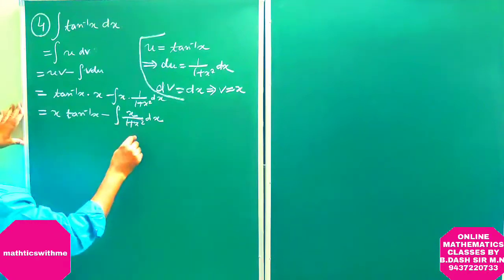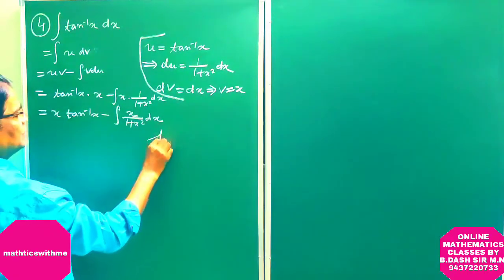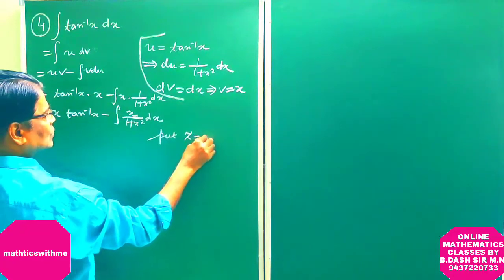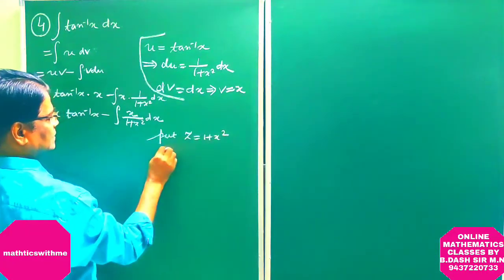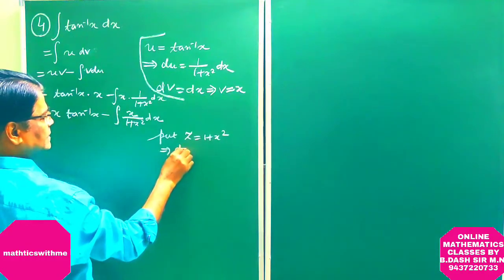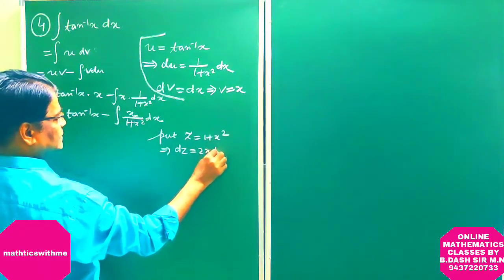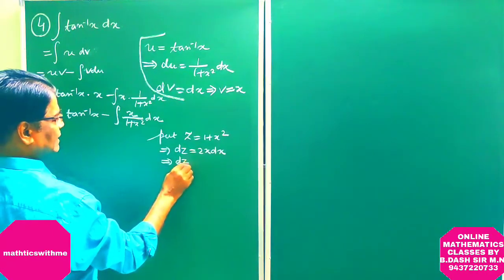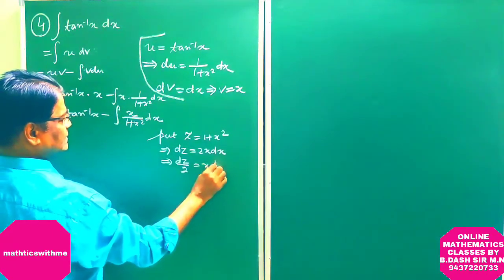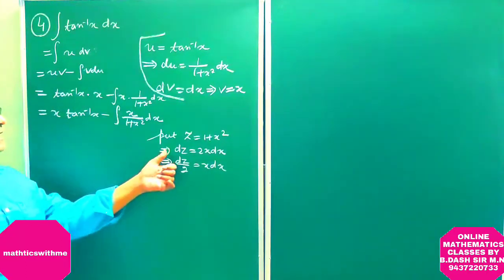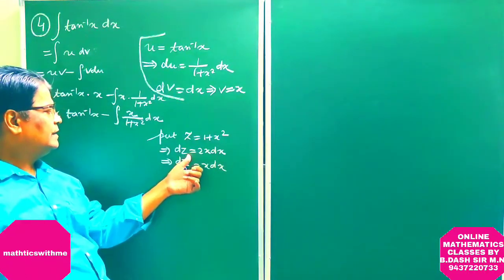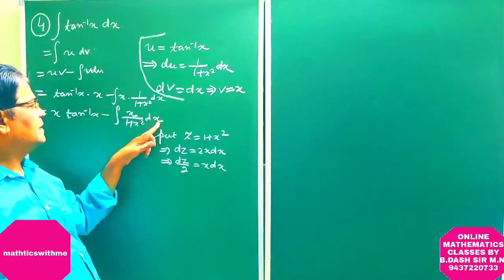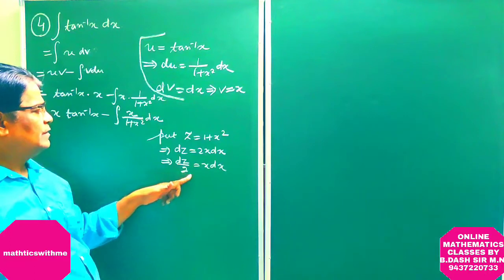In order to integrate this one, put z equal to 1 plus x square. Then dz is equal to 2x dx. So dz by 2 is equal to x dx. Here x dx is in the numerator, so dz by 2 is equal to x dx.